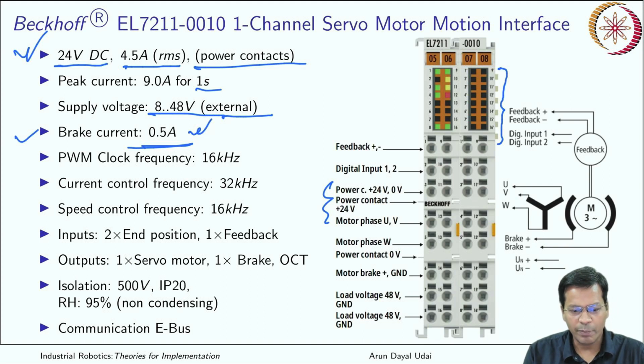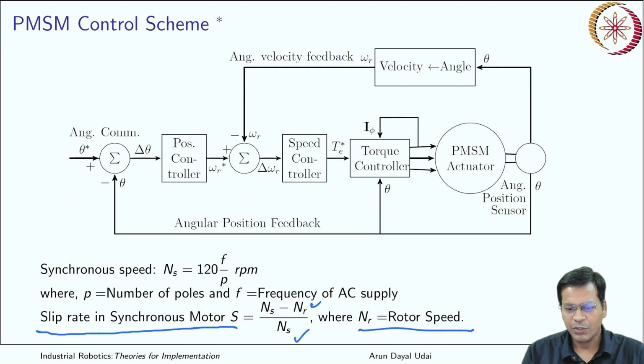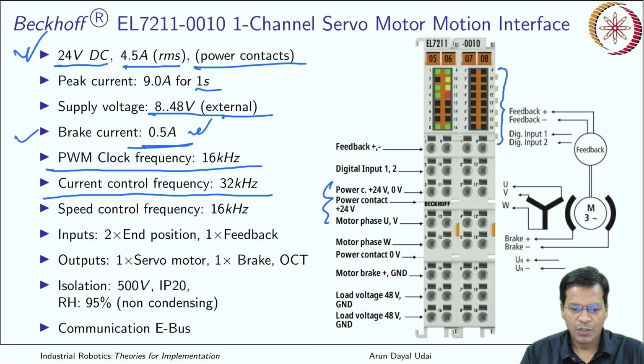PWM clock frequency is 16 kilohertz, and you see there is a current control frequency. Now look at the controller you saw earlier very carefully. There are different frequencies for each loop. This controller works with a different frequency, this one with a different frequency, and this one with a different frequency. The highest frequency is the current control loop.